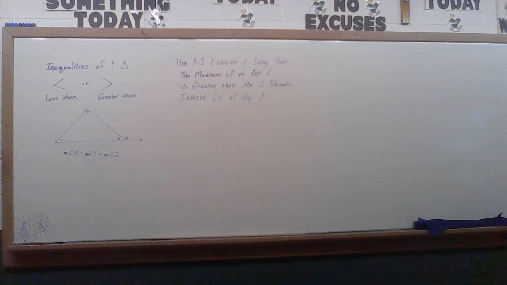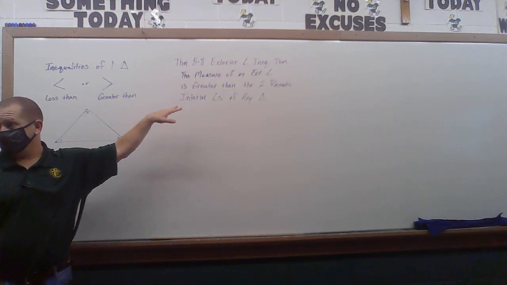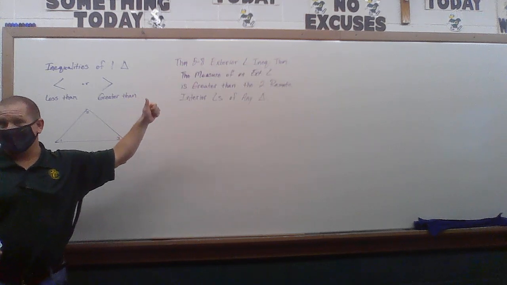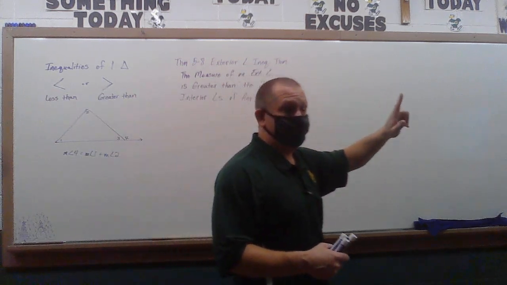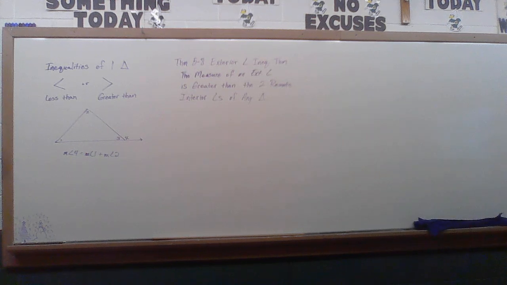So when you get to your assignment, you cannot go by the look of things. You have to go by what we have learned, and that's this theorem right here. Make sense? Now you can use other things that we can prove, or we know are definitely true.